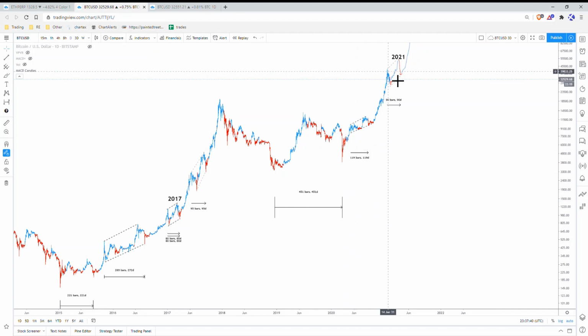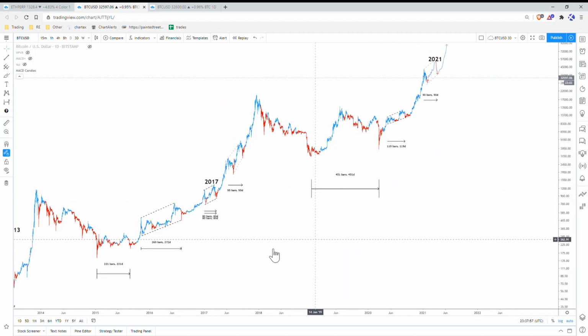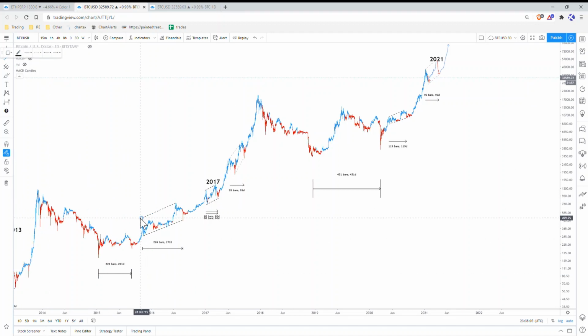Versus this move here, we accumulated in 450 days. We spent a lot of time sideways, allowing us to move up faster. So I think this move makes sense for why it's shorter, but it's still quite similar in nature to these other moves. You can see that they all back tested this previous high.